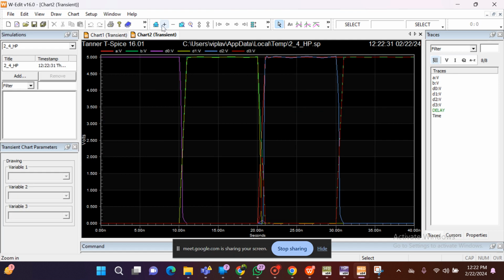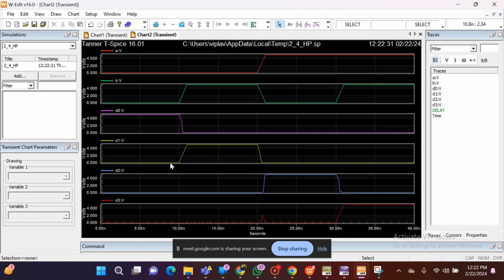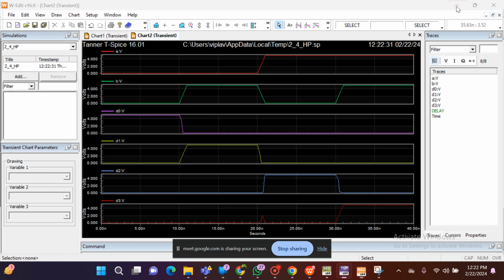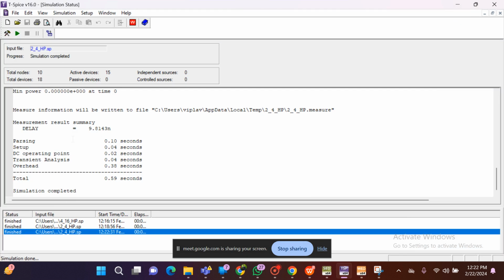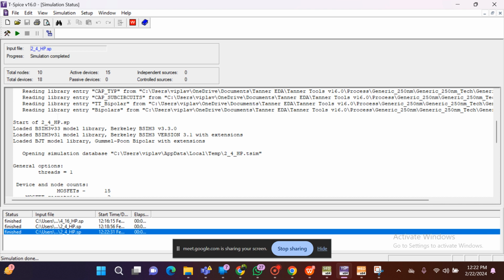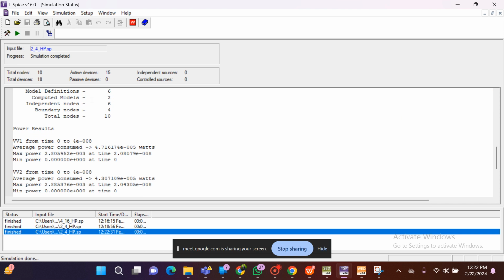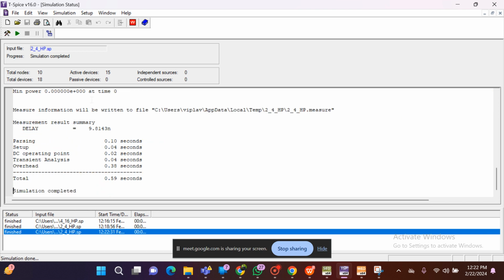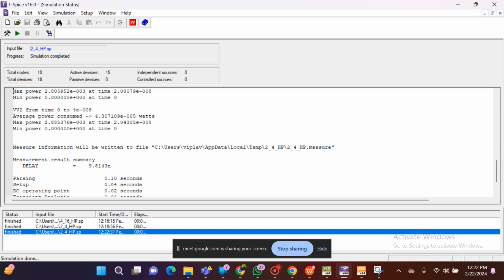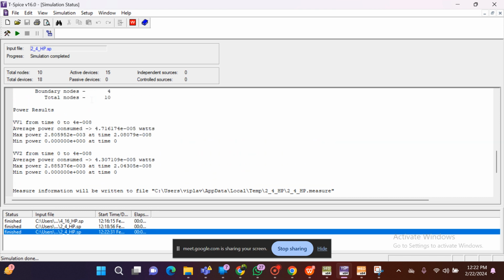We have already seen these, so we know about this waveform. Just minimize it. So average power consumed, this is our average power consumed.